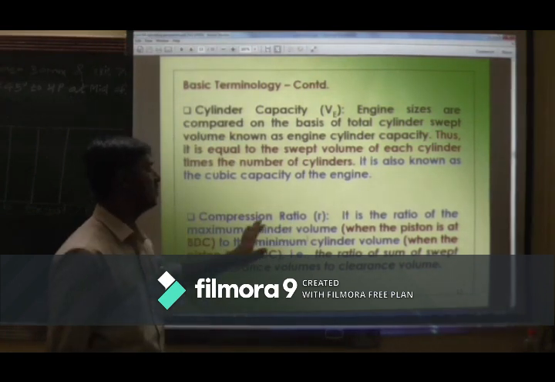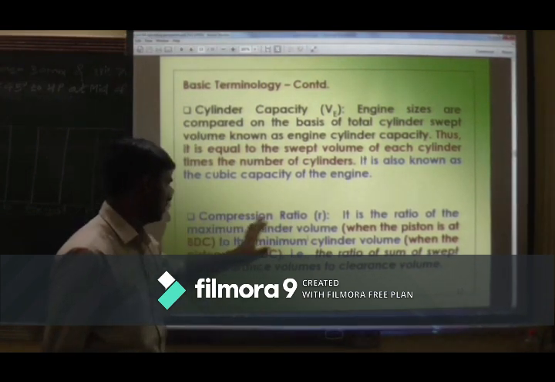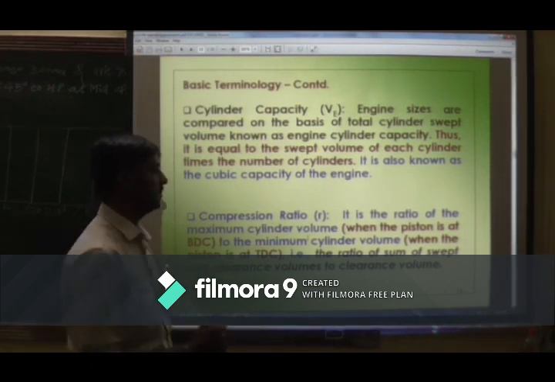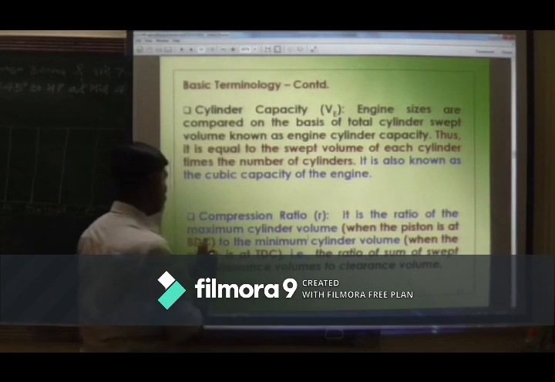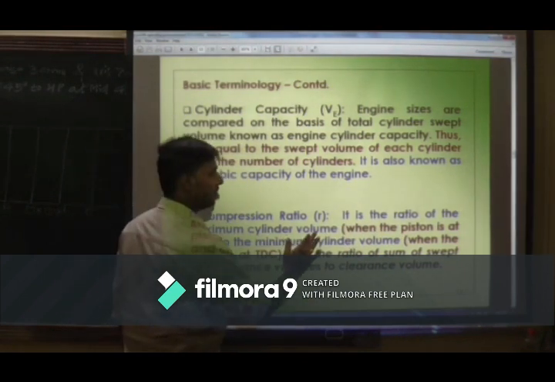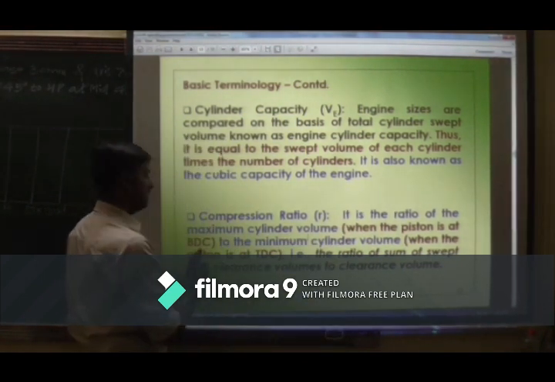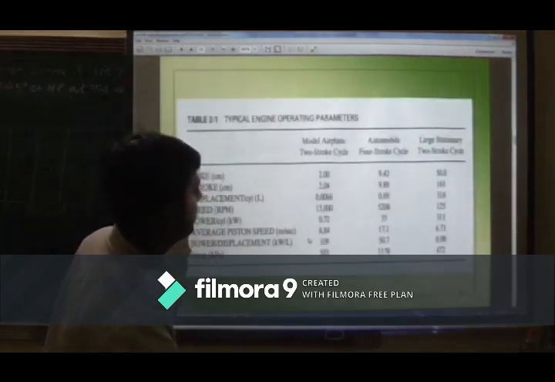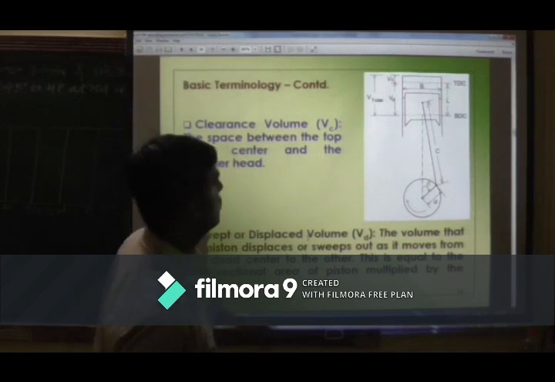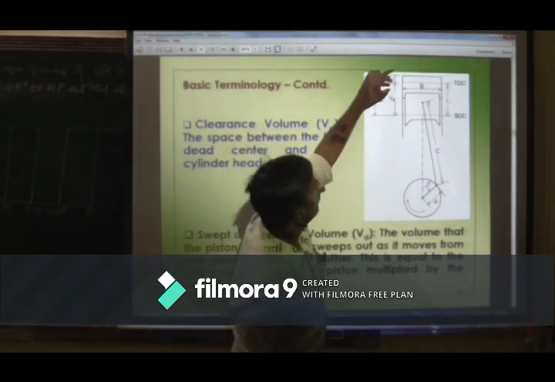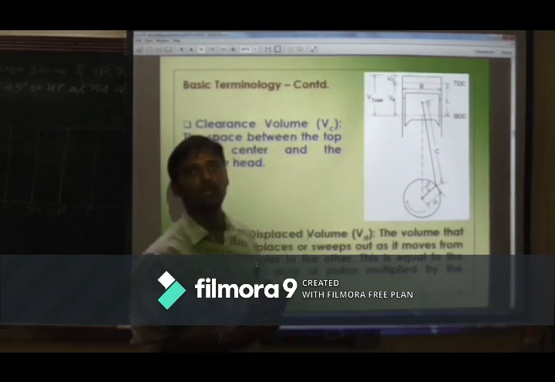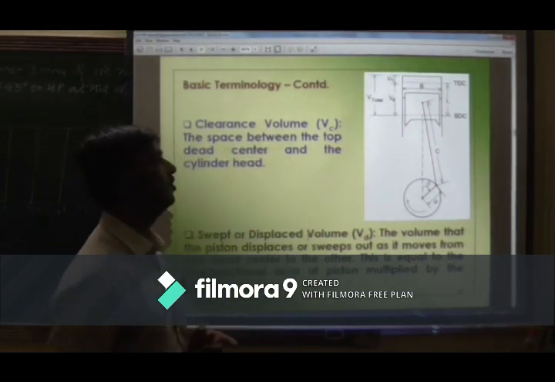Compression ratio, this is a very important parameter. From this parameter, 2 to 3 questions they can ask in the online exam. It is the ratio of the maximum cylinder volume when the piston is at BDC. When the piston is at BDC, there will be clearance volume plus swept volume, which is nothing but total volume.